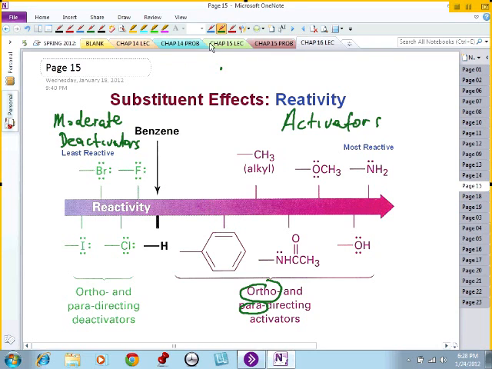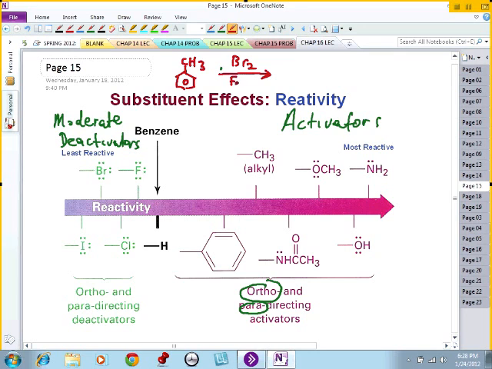In other words, they would direct an incoming group to the ortho and to the para position. What does that mean? Supposing I have this, say I have a methyl group, and I want to perform the same bromination that I just gave you.